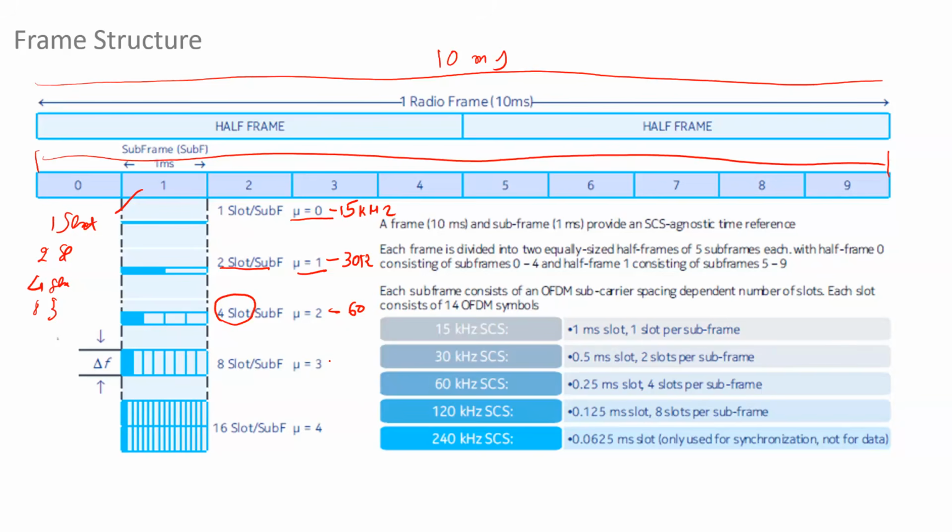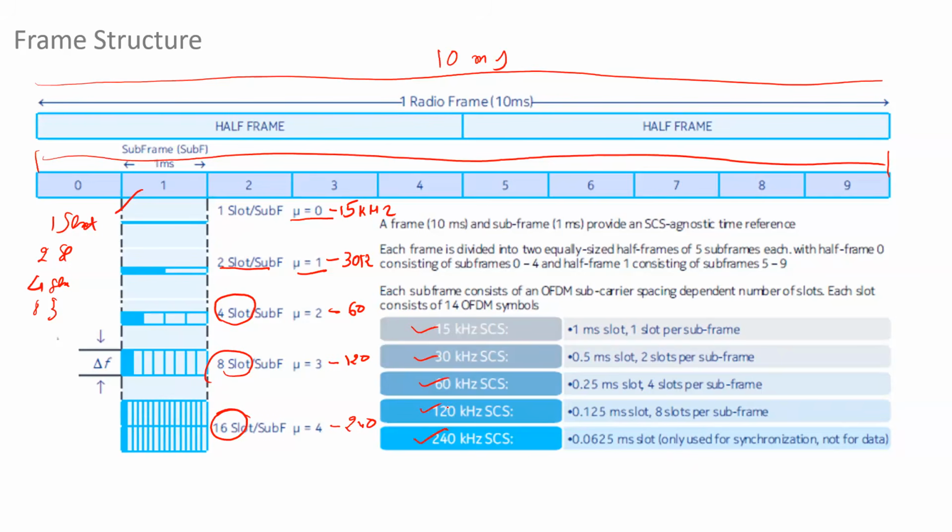Then for 120, we have 8 slots per subframe, and for 240, we have 16 slots per subframe. So the allowed subcarrier spacings are 15, 30, 60, 120, and 240.